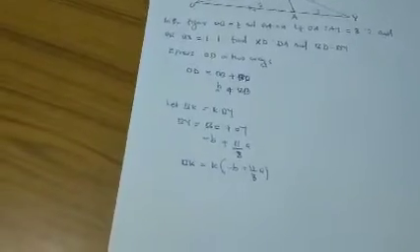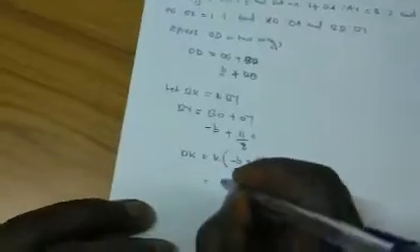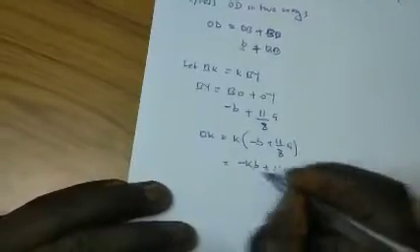When we solve that, we get negative kb plus 11k over 8 a.